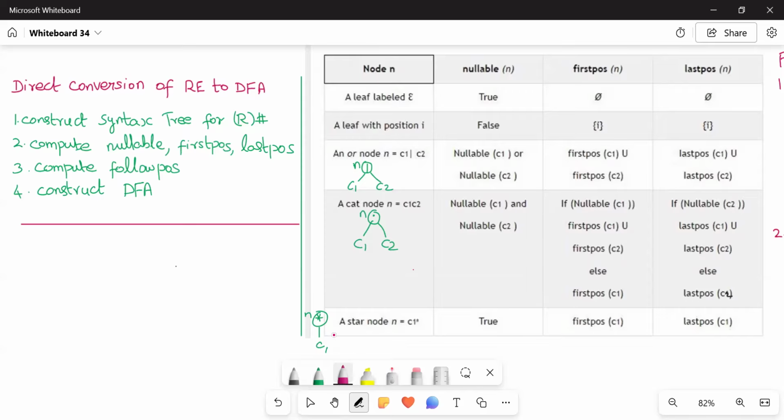Then for the star node, first position of n will be first position of C1 alone. Then last position.